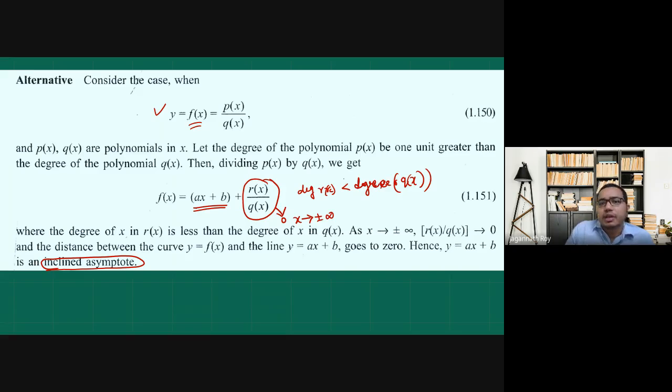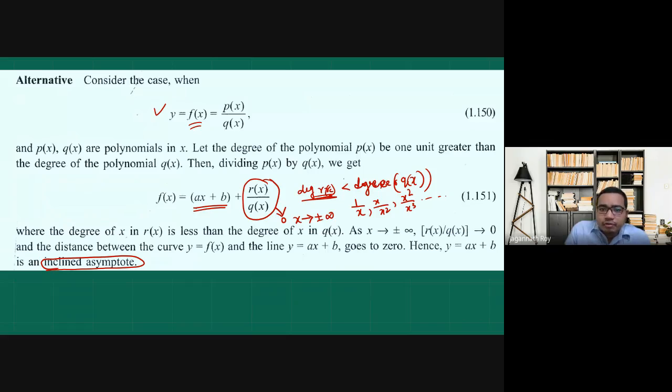Because the degree of R(x) is less than the degree of Q(x), it will be of the form x by x square, or this type, or x, or this type. This ratio we have to write in this form.